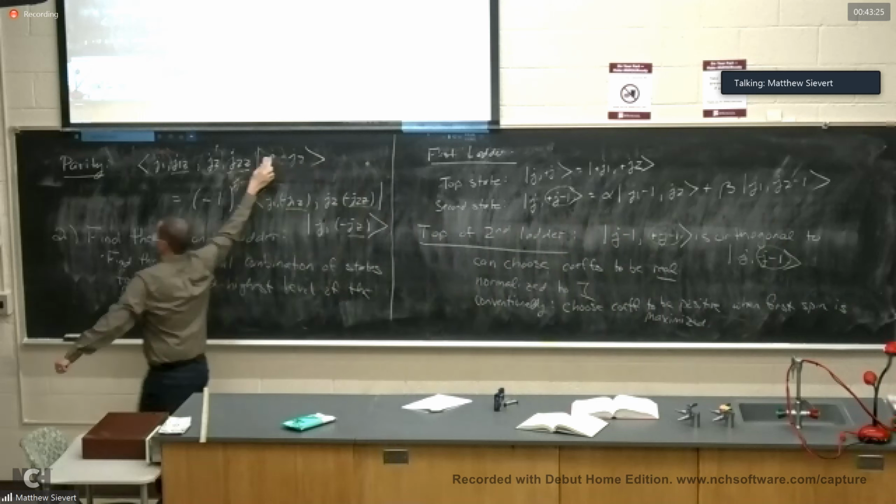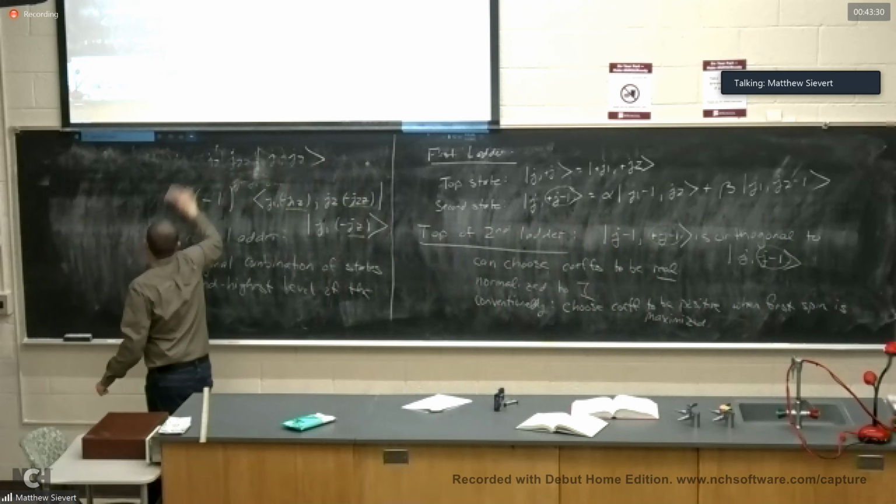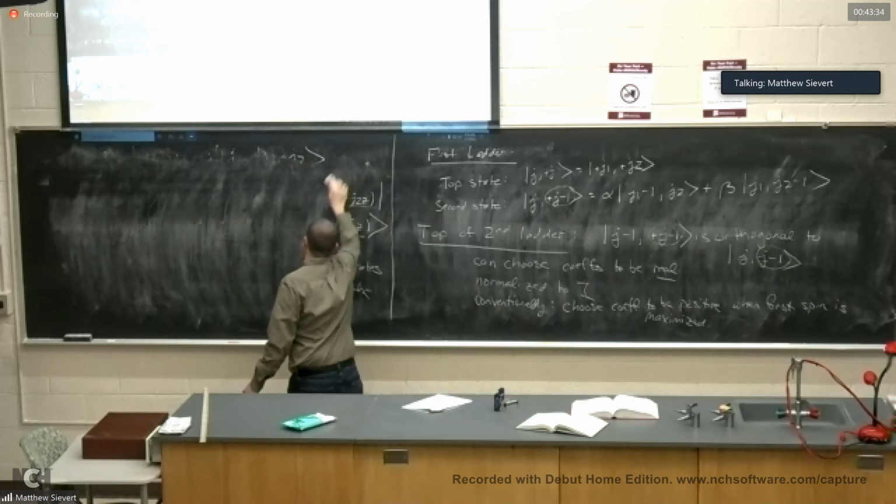Once you found the top state of the second ladder, you can rinse and repeat. Use the lowering operator over and over again, use parity symmetry when you get halfway down, and you construct the entire second ladder.